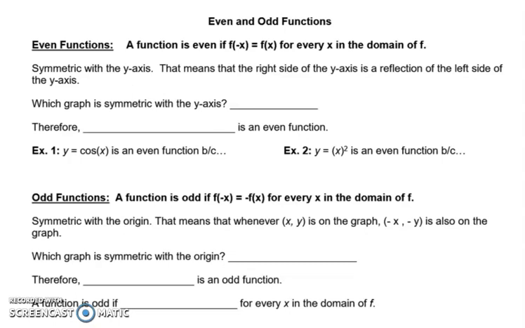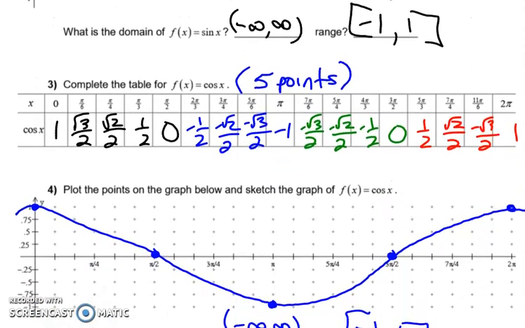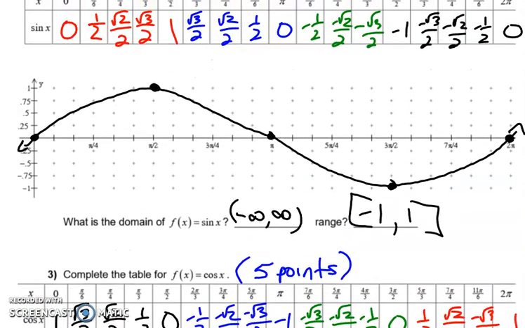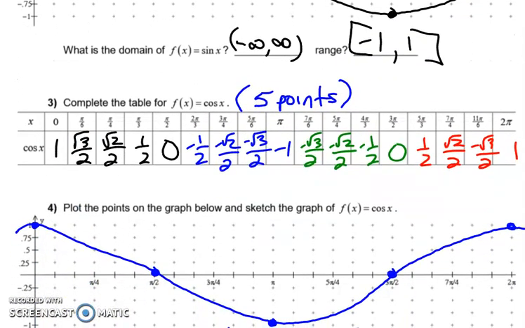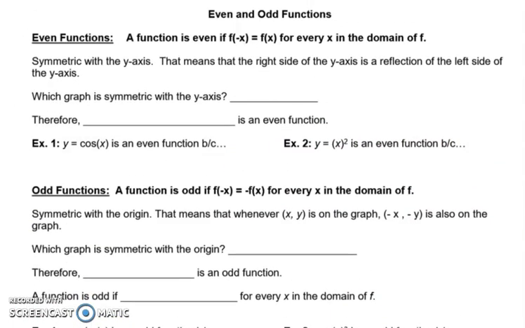So if we go back to the previous page, which one looks like it's going to be symmetric with the y-axis? Now we'll go ahead and tell you that it is cosine. So cosine is an even function. Okay?